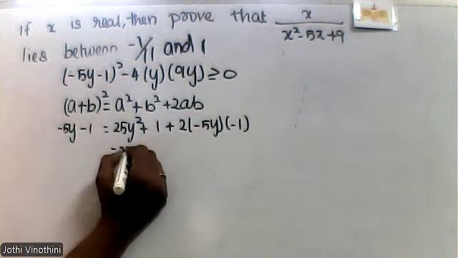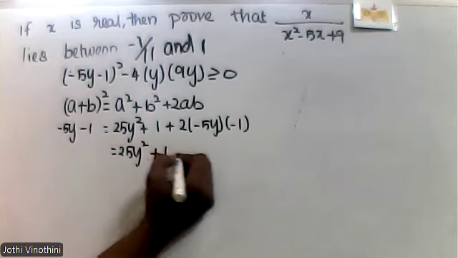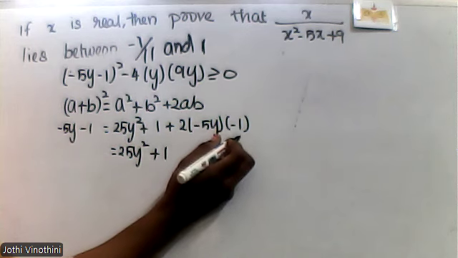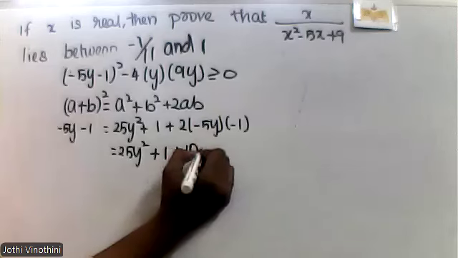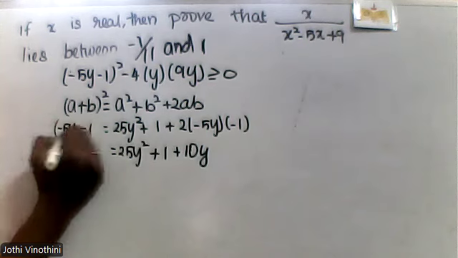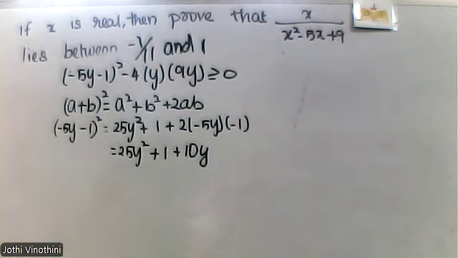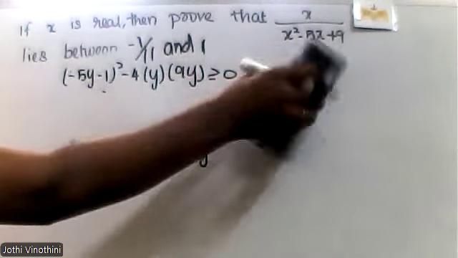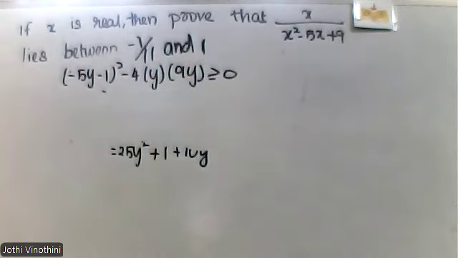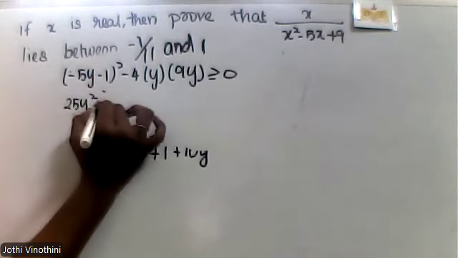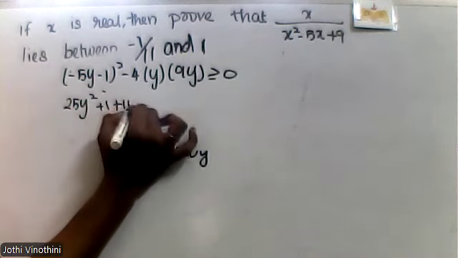So it becomes 25y squared plus 1 plus 10y, since 5 twos are 10 and minus into minus gives plus. So in place of (minus 5y minus 1) the whole squared, we can substitute 25y squared plus 1 plus 10y.